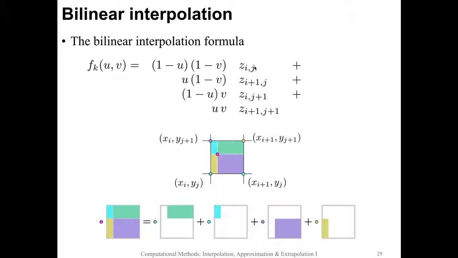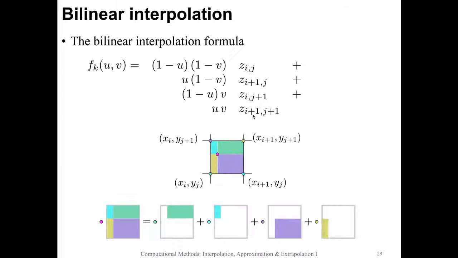So zij, for example, has got a factor of 1 minus u, 1 minus v, whereas the directly opposite z value for this corner here is blended by uv, and these are the intermediate weights that are used for zi plus 1j, which is at the bottom right, and zij plus 1, which is at the top left.